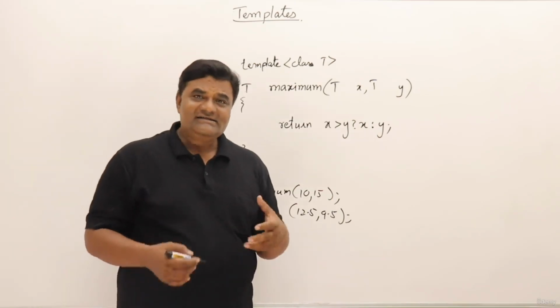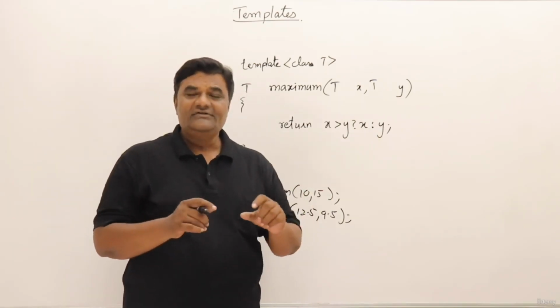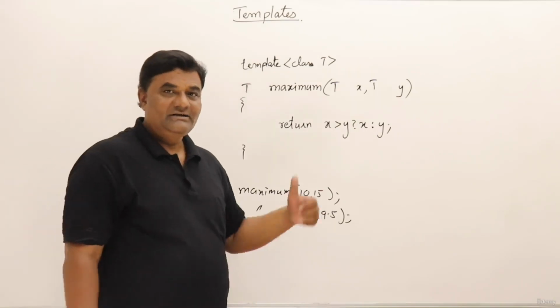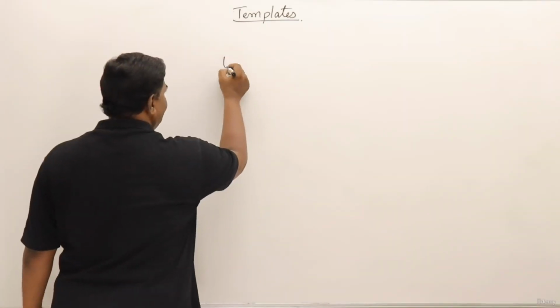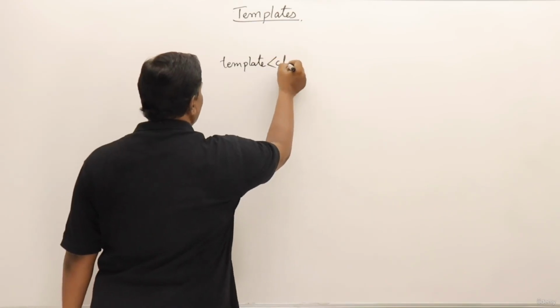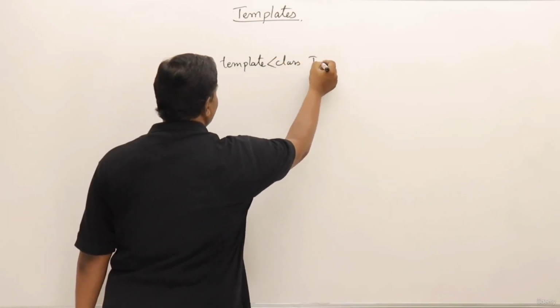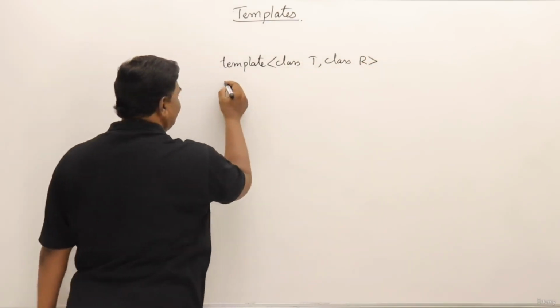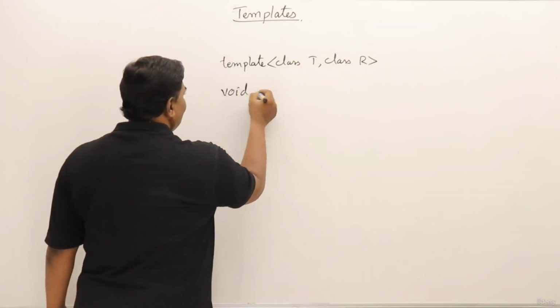Then next, let us take an example of a function where we can pass multiple type of arguments. I'll remove this. I'll take one example function, just a simple function, template. Now here I will give a class T and also class R. Two classes are there. Now function takes two values.